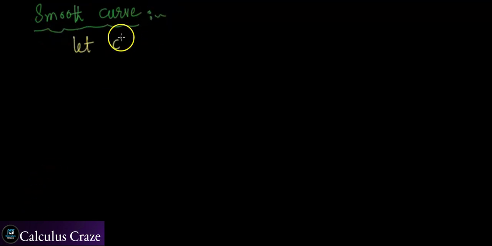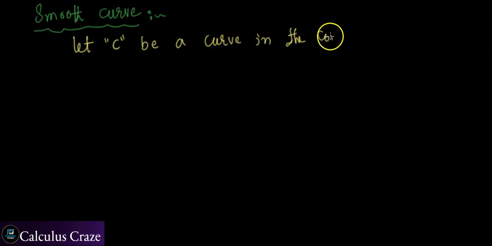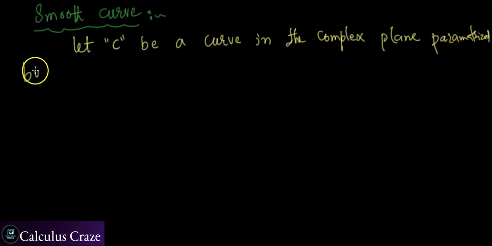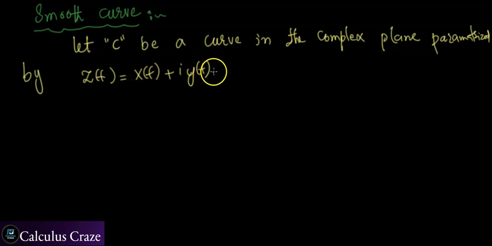Let C be a curve in the complex plane, parameterized by the function z of t given by x of t plus iota times y of t.